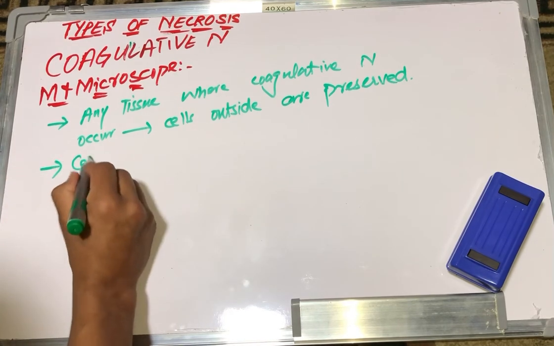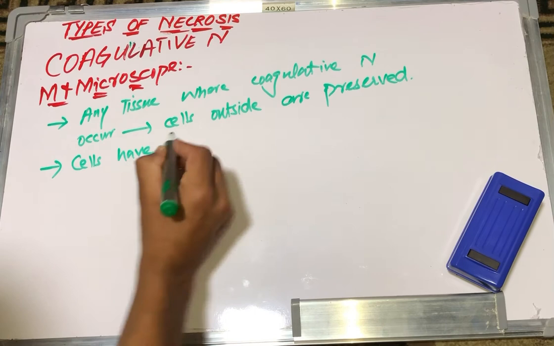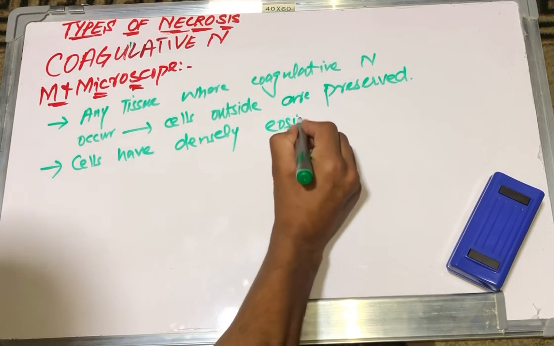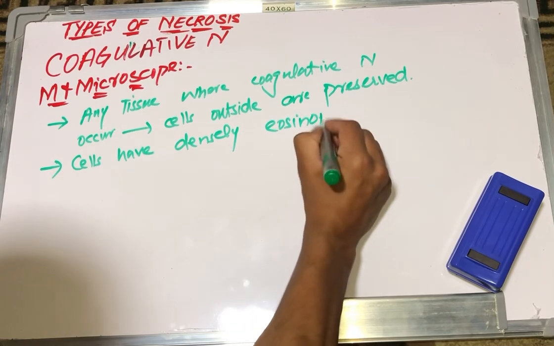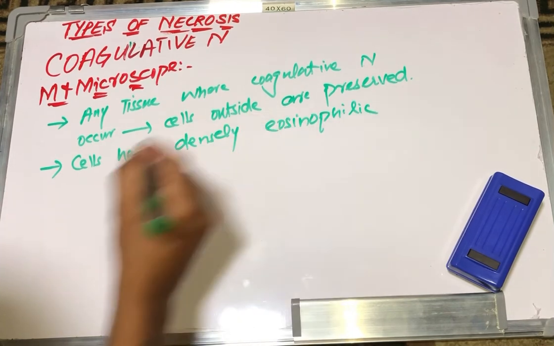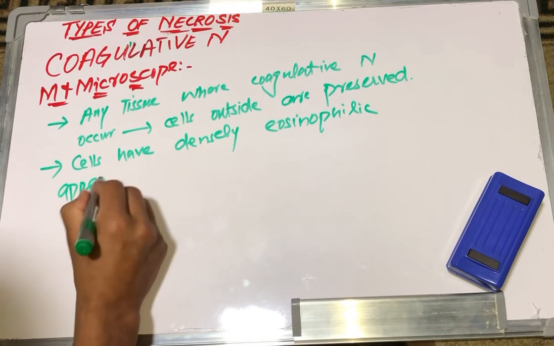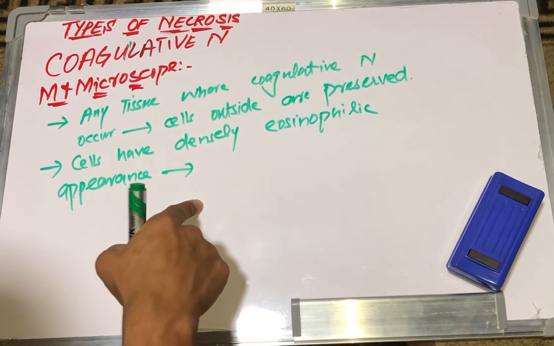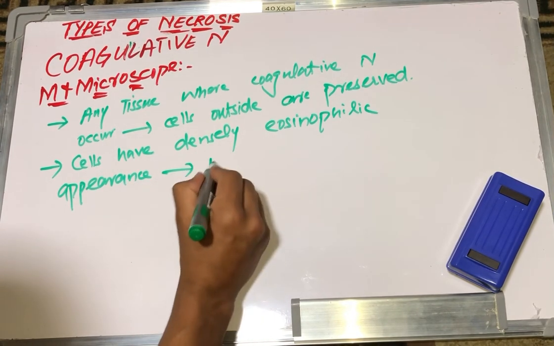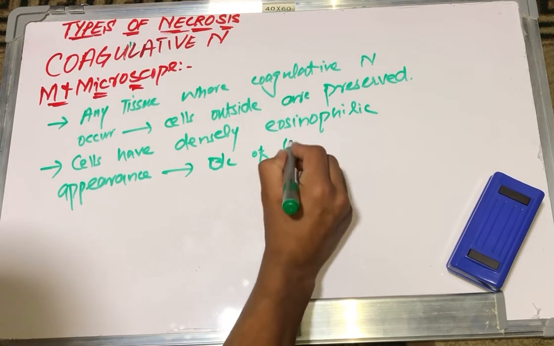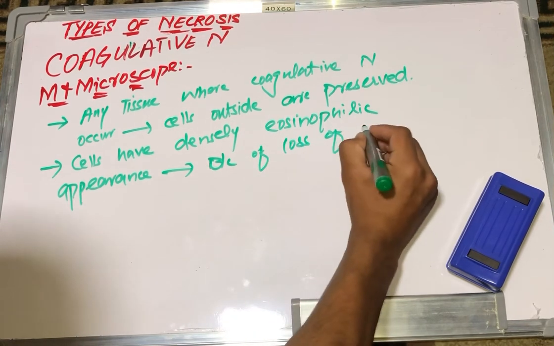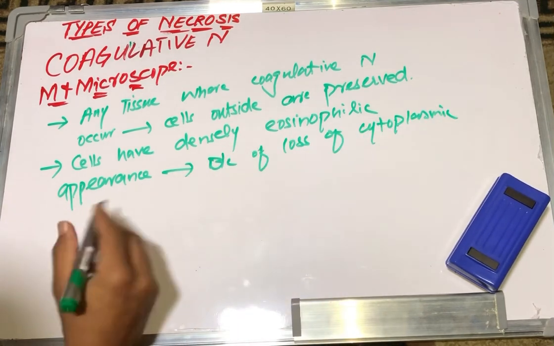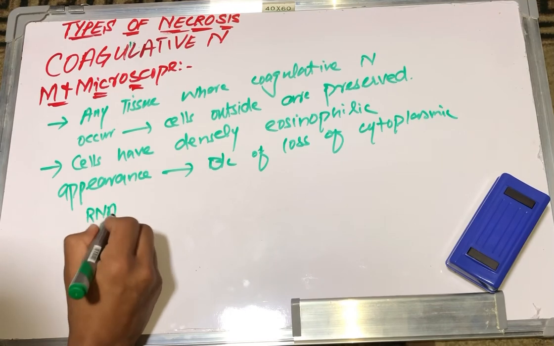Cells have a densely eosinophilic appearance. This is because of loss of cytoplasmic RNA.